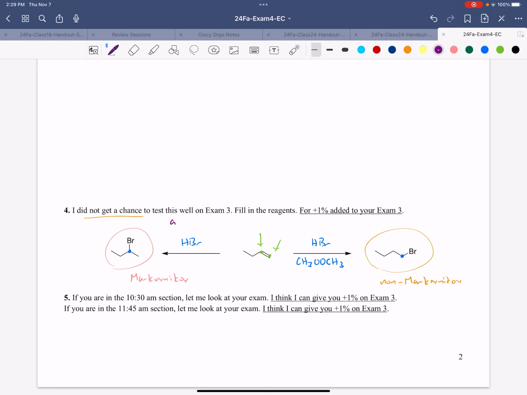Add to the double bond. Or, let's really differentiate this. Electrophilic addition. We added an electrophile. Whereas this is an addition also, but it's a radical addition. And we learned it with the other radical reactions.